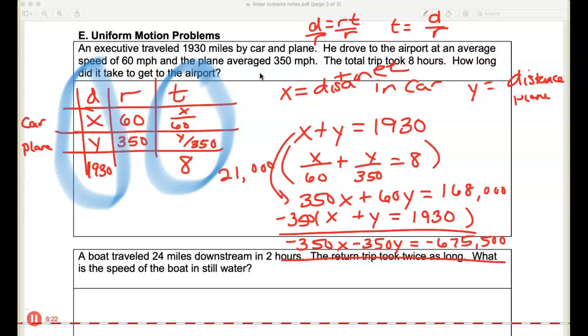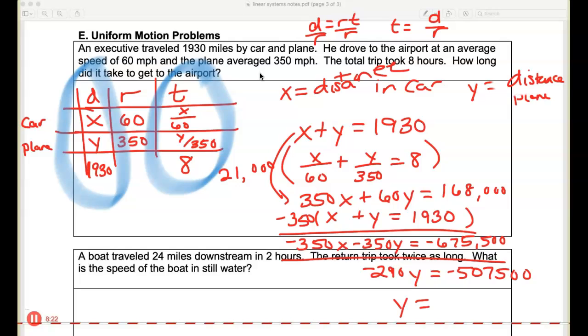Combining that with the first line, so 60 minus 350 gets me negative 290y, equals 168,000 minus 675,500. Oops, I'm not typing in the right numbers. Let's be negative 507,500.